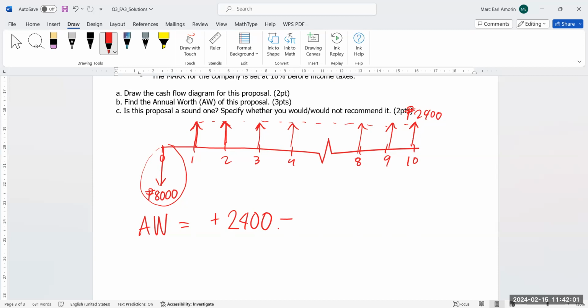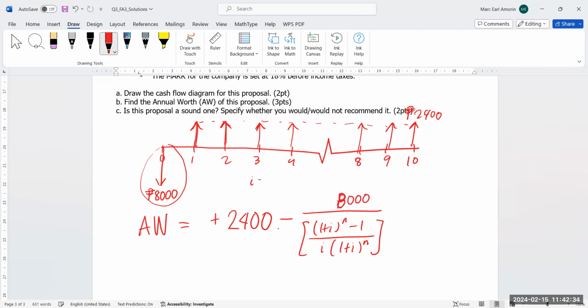So we need to convert this 8,000 into its equivalent annual value. How do we do that? Since we know the formula for finding P given A, we just manipulate that such that our formula becomes P divided by (1 plus i) raised to n minus 1 over i times (1 plus i) raised to n, wherein P here is 8,000.